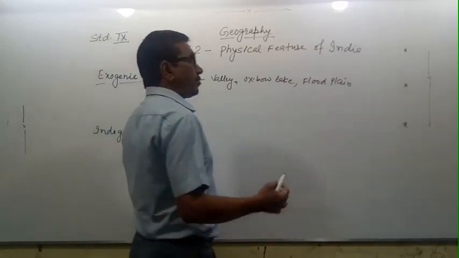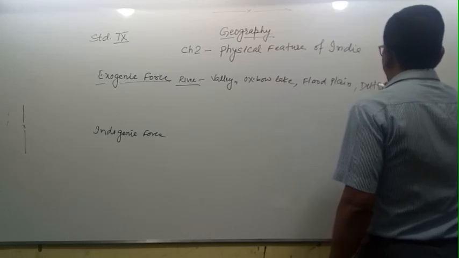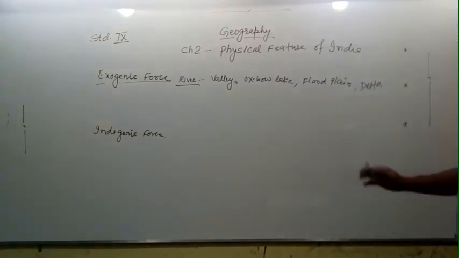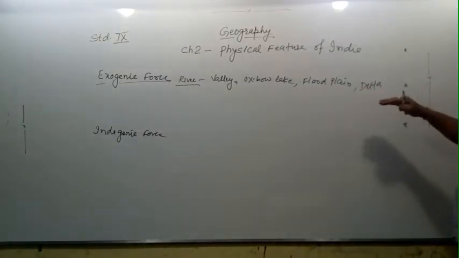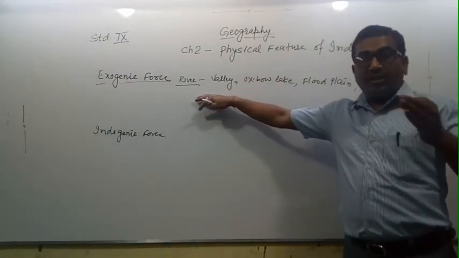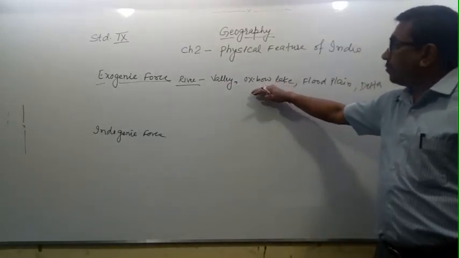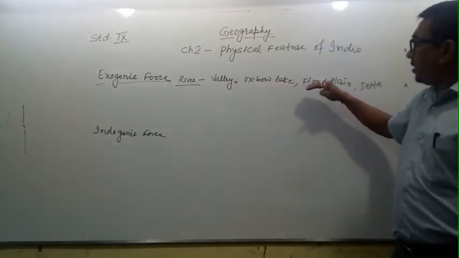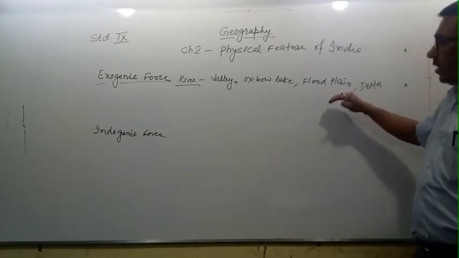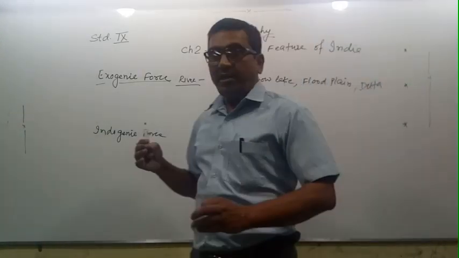It also forms delta. Many would be, but in a few we are saying the work of the river, it is exogenic force. It forms the valley, it forms oxbow lake, it forms the floodplains, it forms the delta. Why am I writing this thing?